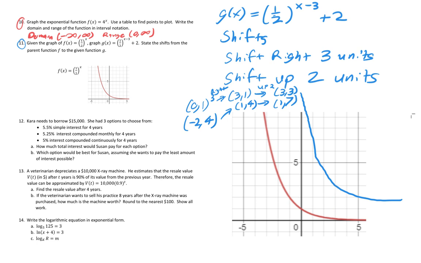It's at our 3, 3 right there. We also said we should have one at 1, 7. So 1, and then 1, 2, 3, 4, 5, 6, 7, which we do. So now we can see that our graph matches up with what we said our shifts were going to be.